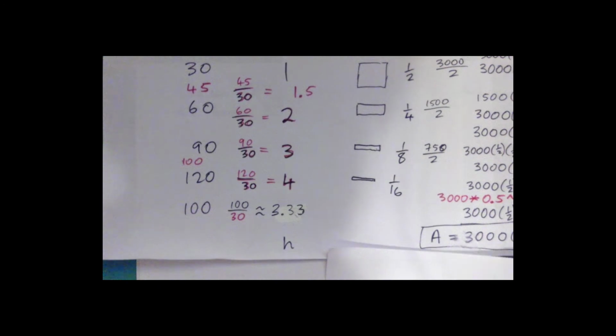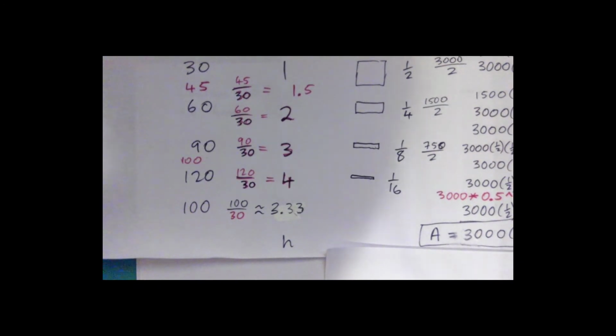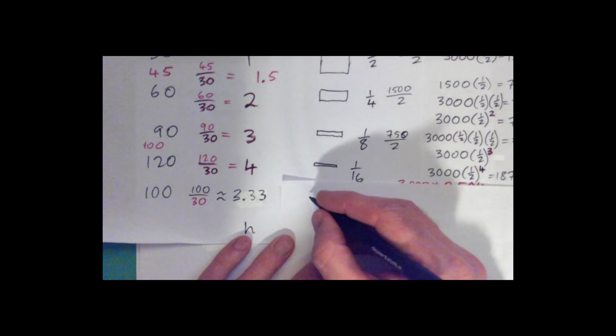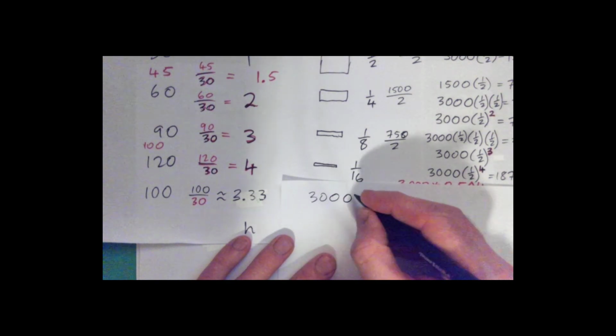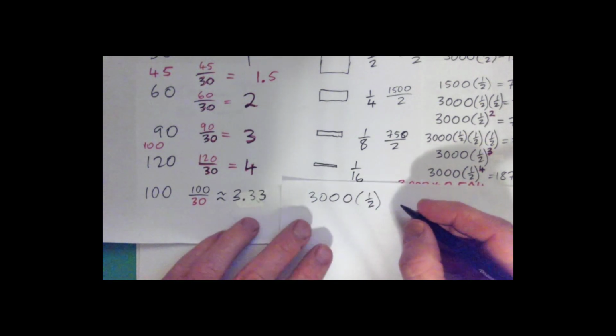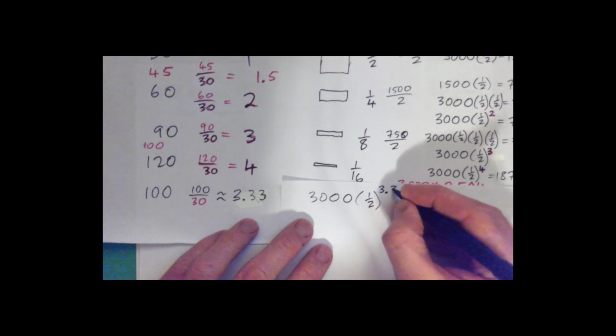Amount is 3,000 times a half to the power of the number of half-lives, right? So what's the amount remaining then for 100 years? So the 3,000 times a half to the power of 3.33.